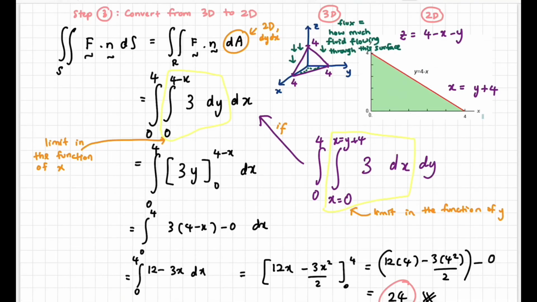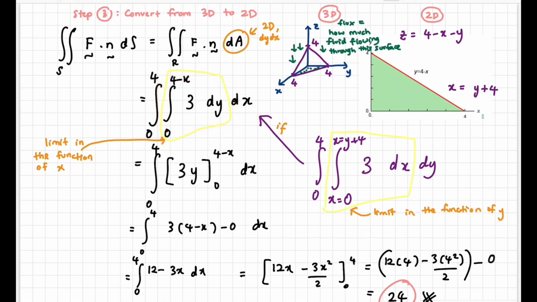The third step is to convert from 3D to 2D. So this dA means 2D. To solve the double integration, you can solve whether dy dx or dx dy. Both of these will give you a similar final answer. If you want to do dy dx, this means you want to do the integration with respect to y first, and then with respect to x.